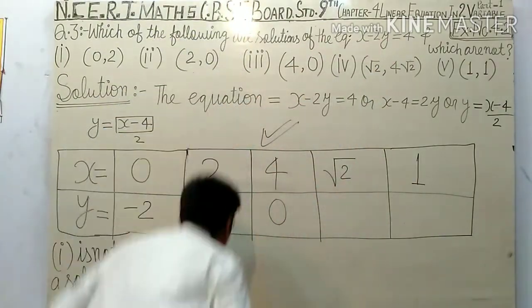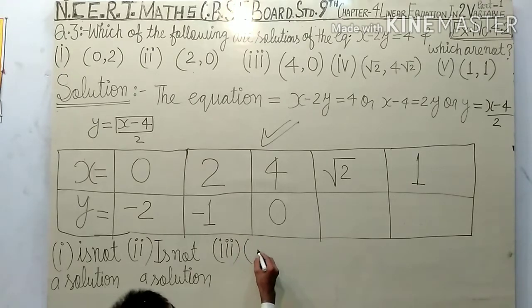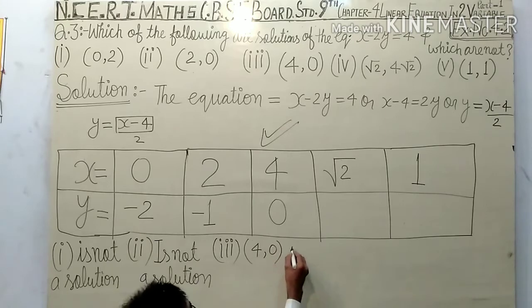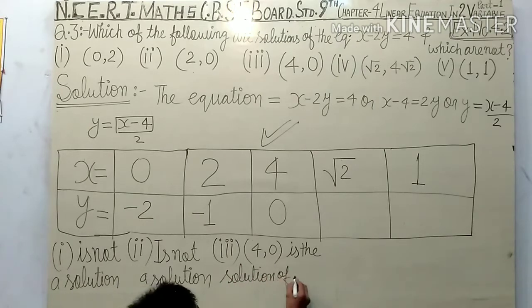So students, you will write option third: 4, 0 is the solution of equation x minus 2y equal 4.